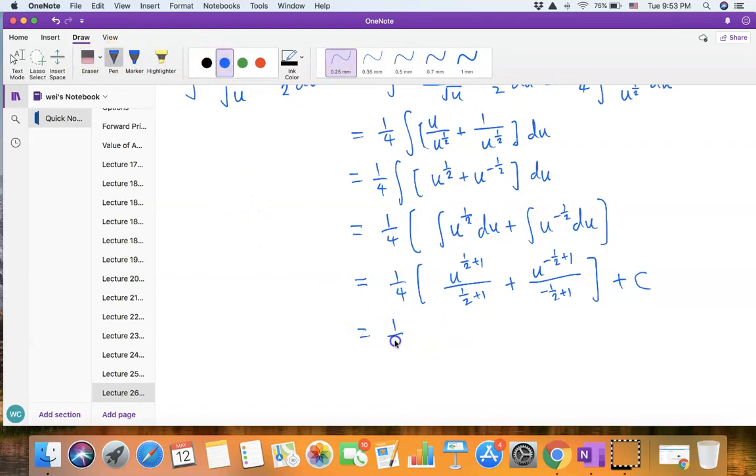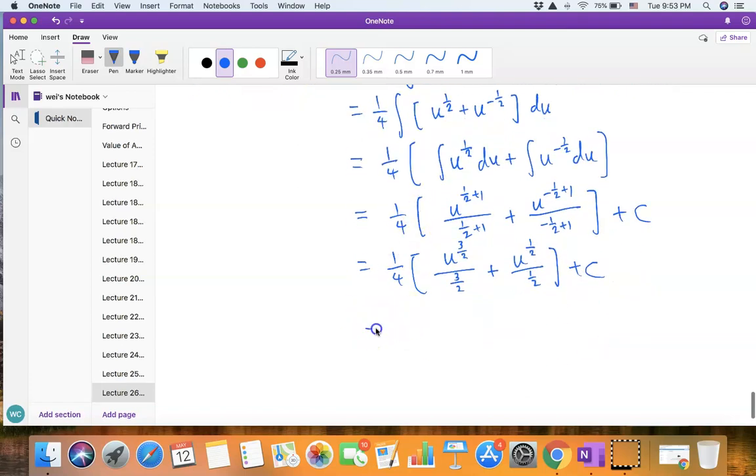So this is 1 over 4 times u to the power of 3 over 2 over 3 over 2, plus u to the power of 1 over 2 over 1 over 2. And we flip these two fractions and put them in front of each variable. So we have 2/3 times u to the power of 3 over 2 plus 2 times u to the power of 1 over 2.